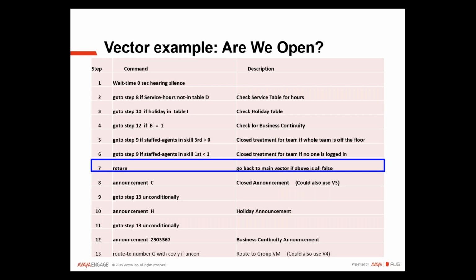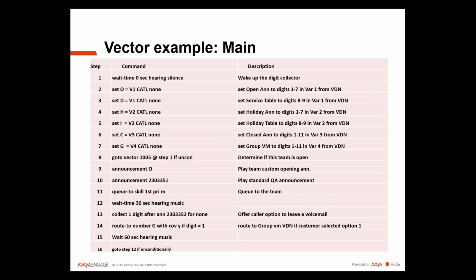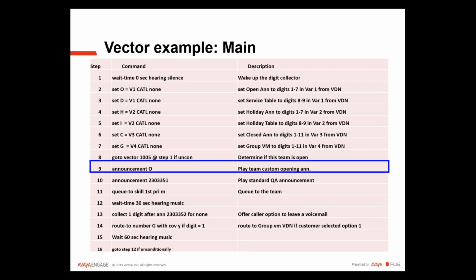So if somebody logs in as an agent with a meeting skill, then that'll close the floor down. I check to make sure that there's agents staffed in the team to begin with. If nobody's here, then we don't want the calls to queue. If all that passes, then we go back, and we come right back to the step after where we left, which is the opening announcement.